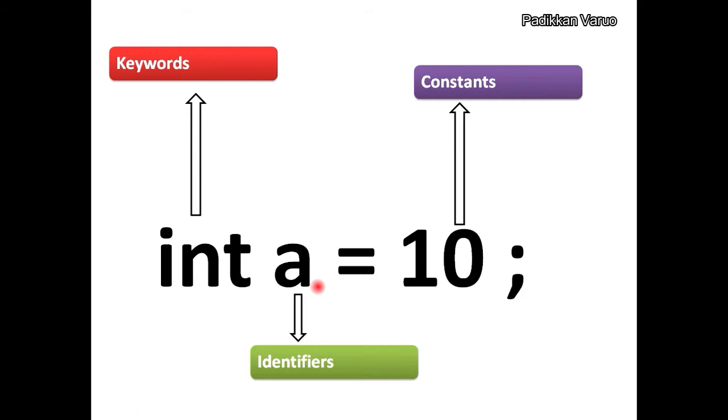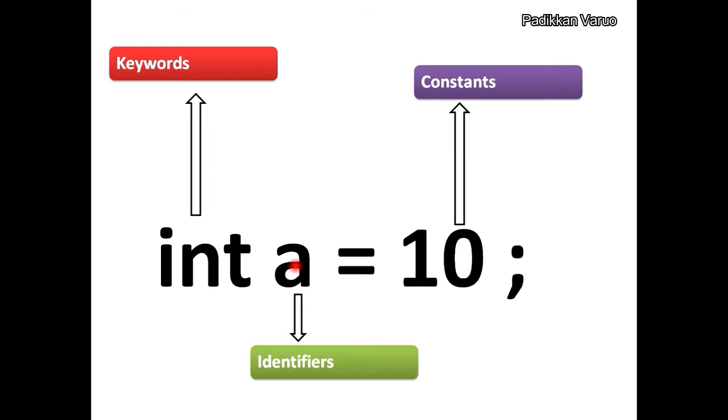So here we can see the three tokens. int stands for integer, so int is considered a keyword. Its meaning is already defined, it's a data type. And here I am using a user defined variable, that is a, and it is treated as an identifier. I am using this identifier in order to accept the input from the users.